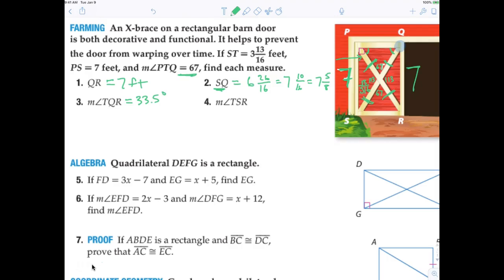Right. Again, you can just do 180 minus 113 divided by 2. And then what about TSR? 56. What did you say it was? 56.5 degrees.